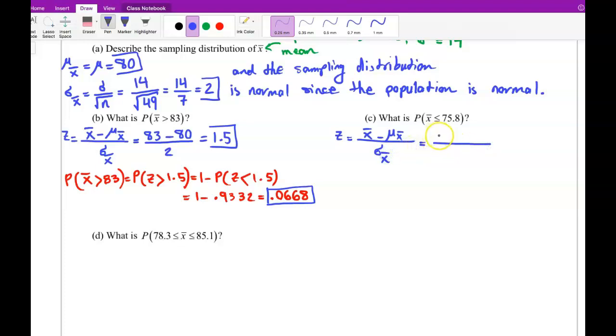So this one is equal to, for x bar we have 75.8 minus mean, which is 80, and standard deviation we have 2. So this is from this part. And that is equal to negative 2.10.